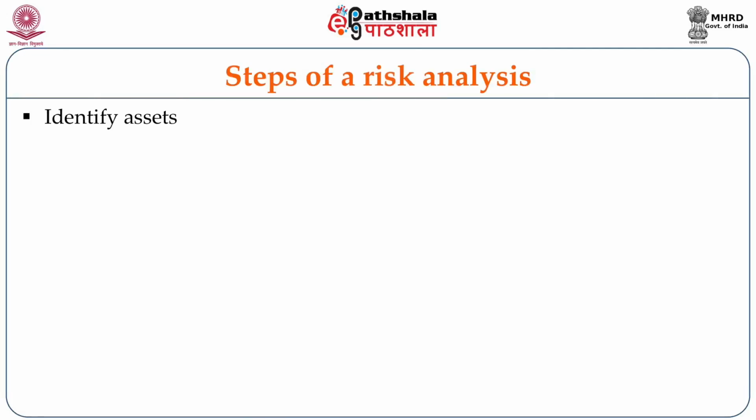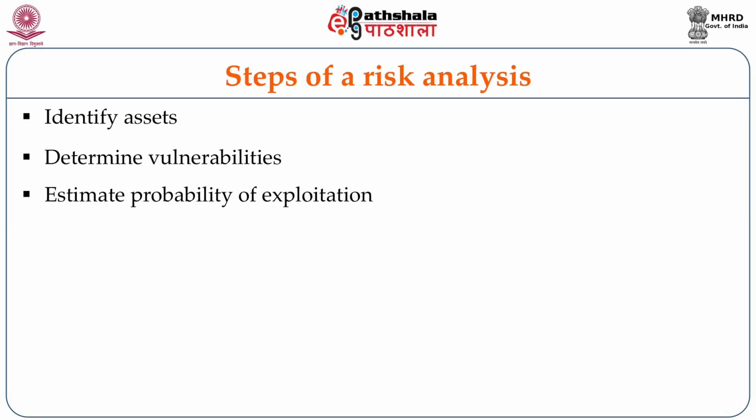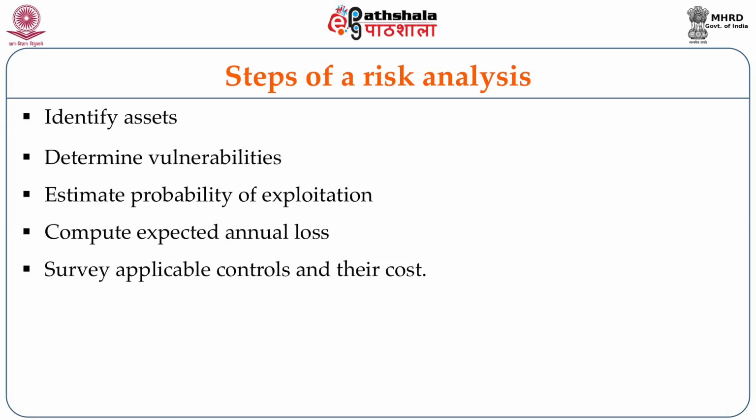The steps of a risk analysis include: identify the assets, determine vulnerabilities, estimate likelihood of exploitation, compute expected annual loss, survey the applicable controls and their cost, and project the annual saving of control. So this is how a risk analysis is done. When doing the risk analysis, we have to do all the steps in detail.